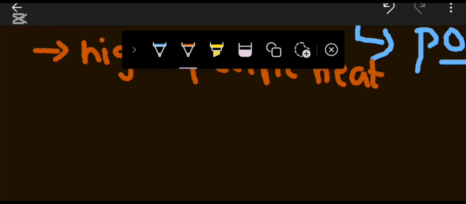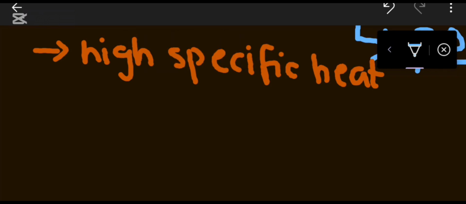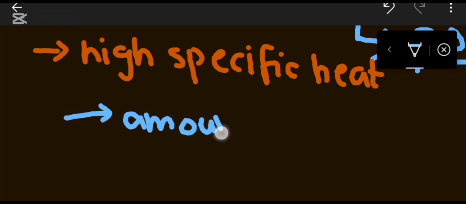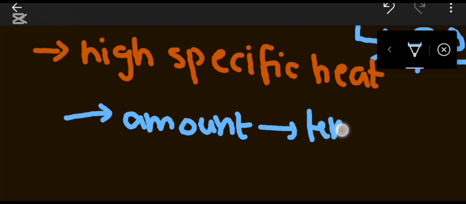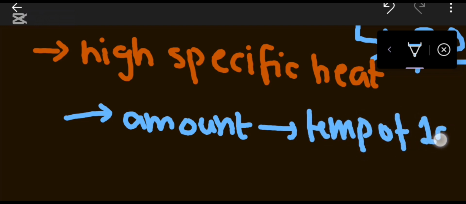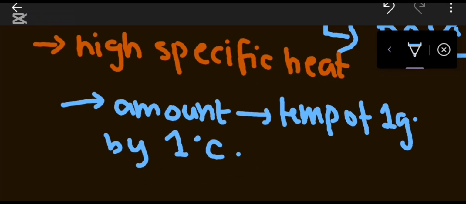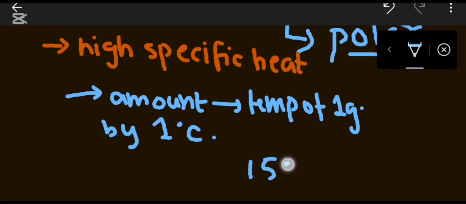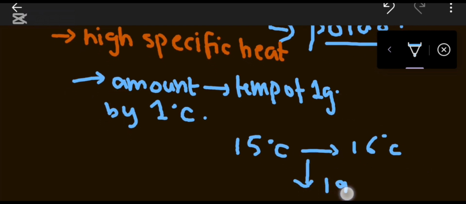High specific heat is simply the amount of heat required to raise the temperature of 1 gram by 1 Celsius. For example, 15 Celsius to 16 Celsius: this is how I increase the temperature of 1 gram. So this is known as high specific heat.